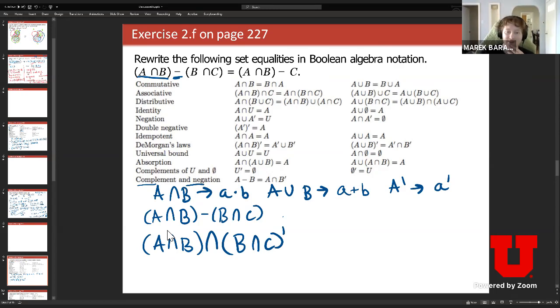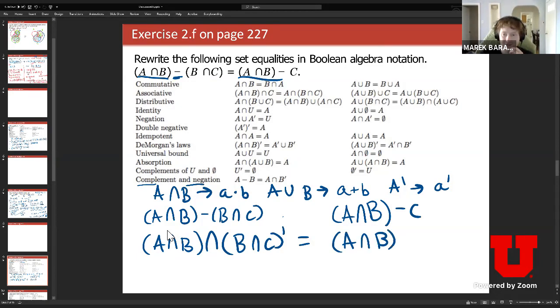And likewise for the right-hand side, we're going to write A intersect B minus C. That's the same as A intersect B intersect the complement of C. That good? And now we can use these rewriting things here.